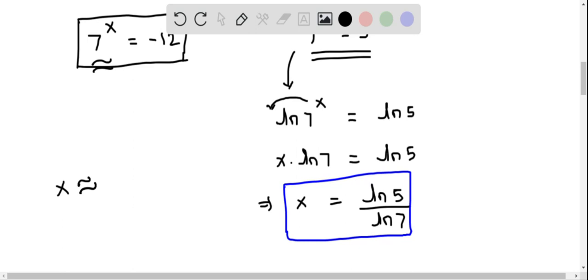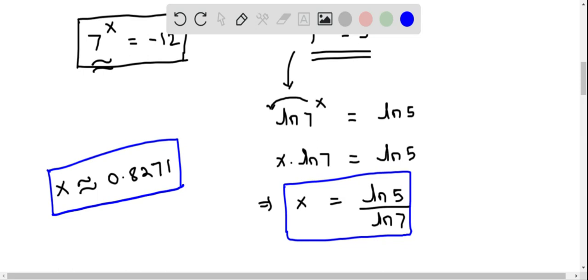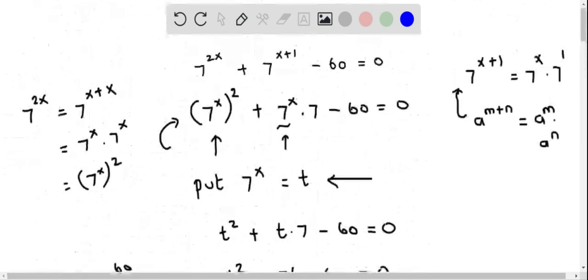So when we plug this expression into the calculator, we get x as approximately 0.8271, approximated to 4 decimal places. So I have given both the exact value as well as the decimal approximation for x. So this is a solution to the given exponential equation.